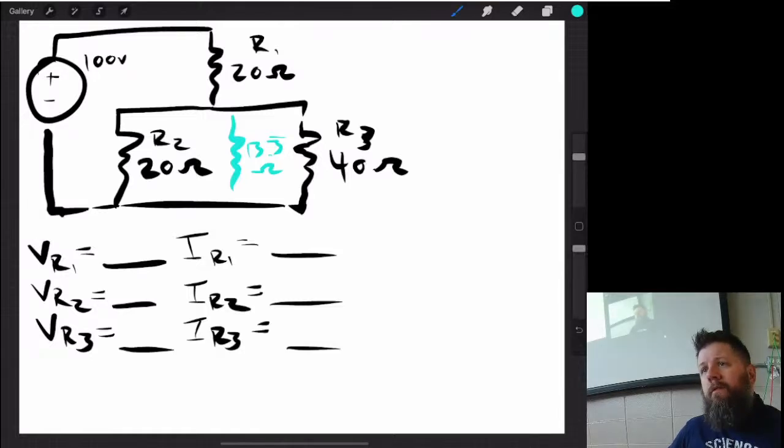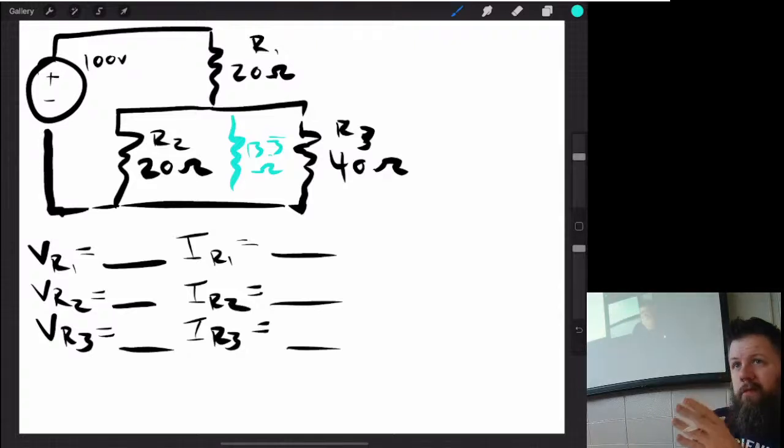What's 100 divided by 33.333? Well, 3.0003, so we're just going to say 3. So we're going to have 3 amps going through there, correct?